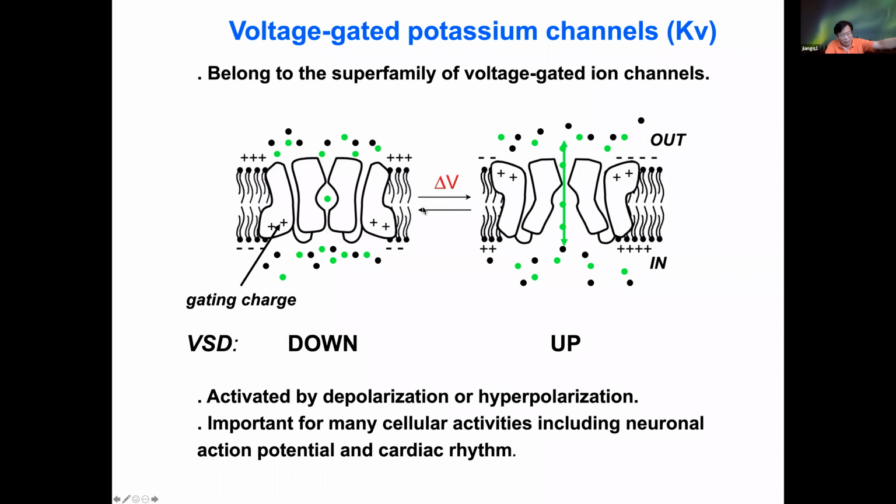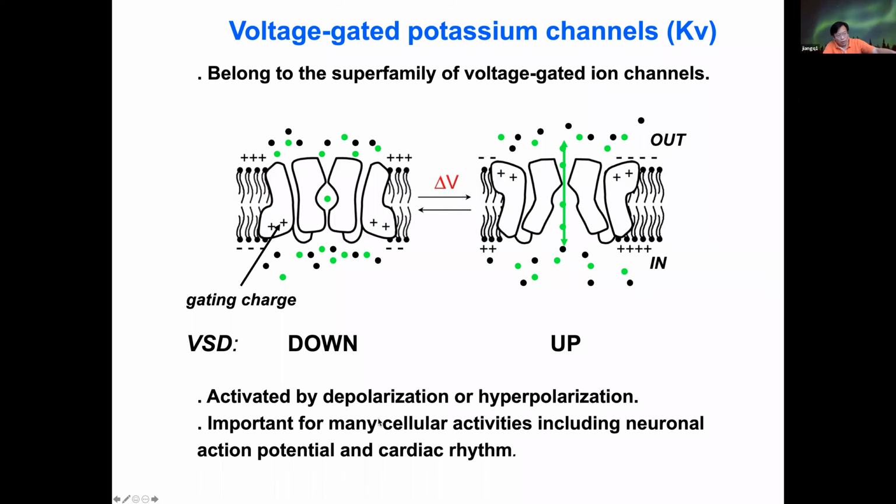After the transmembrane potential changes, there is a conformational change in the voltage sensor, and this change is coupled to a conformational change in the pore domain and switch of the pore domain between closed and open state. And in the open state, the pore can allow ions to go across the membrane.